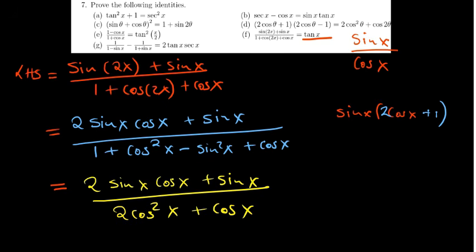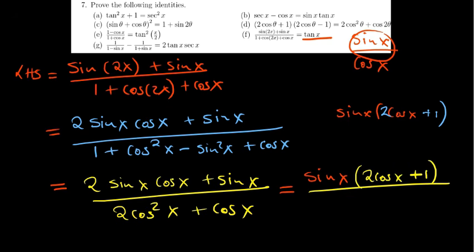For the top part, I can factor out the sine of x, since that is what we want on top, and we remain with 2 cosine of x plus 1. For the denominator, we factor out cosine of x, and we remain with 2 cosine of x plus 1.